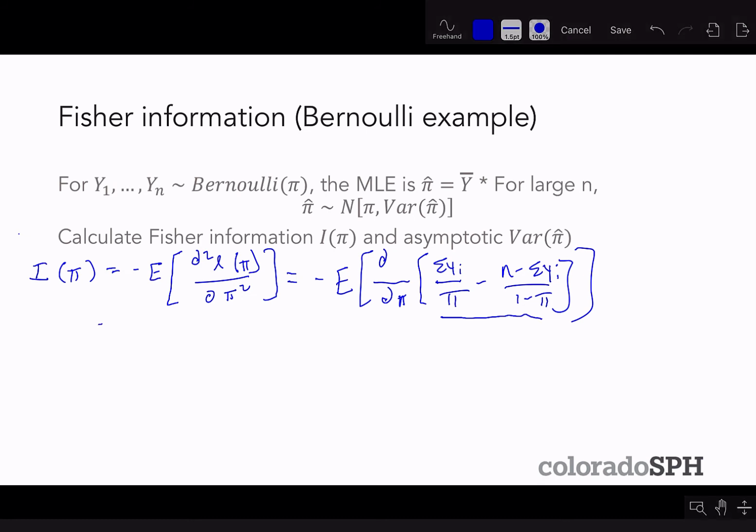And so if we take the derivative of that quantity, what we get inside the expectation is negative yi over pi squared minus n minus yi times 1 over 1 minus pi squared.